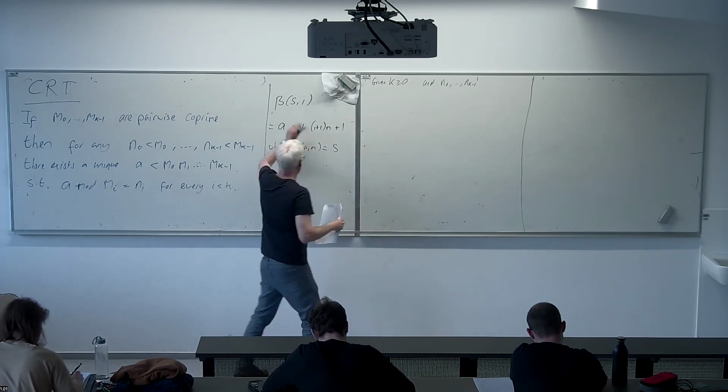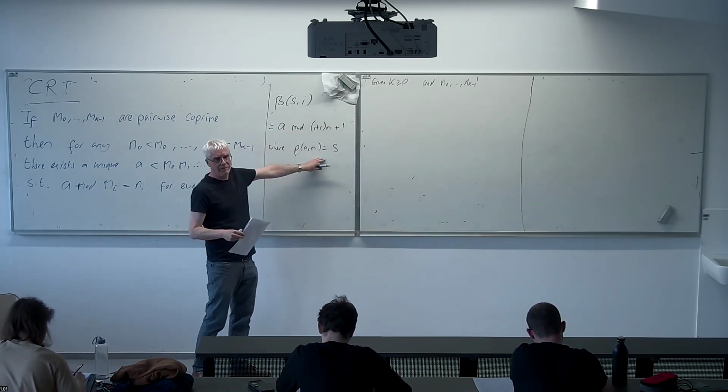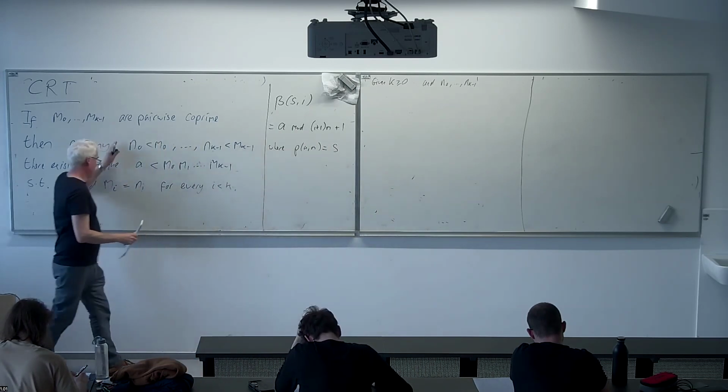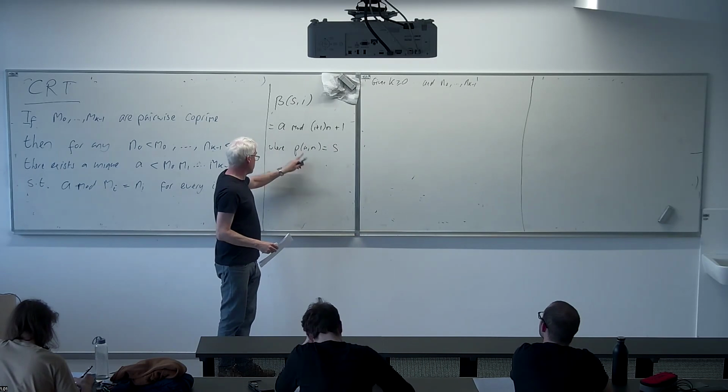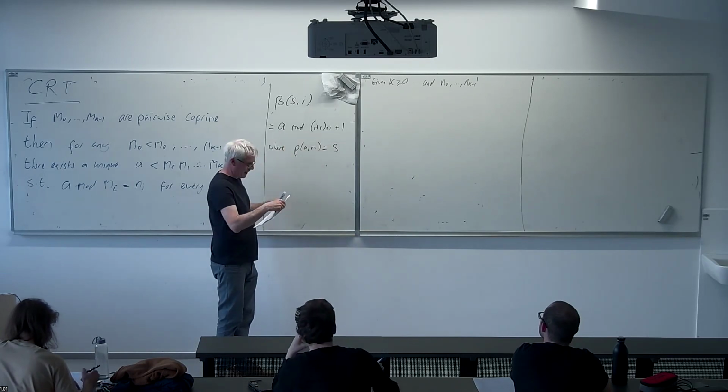We want to be able to apply the beta function to some a and m, and get it to work by the Chinese remainder theorem. So what we're going to do is define our m and our a.